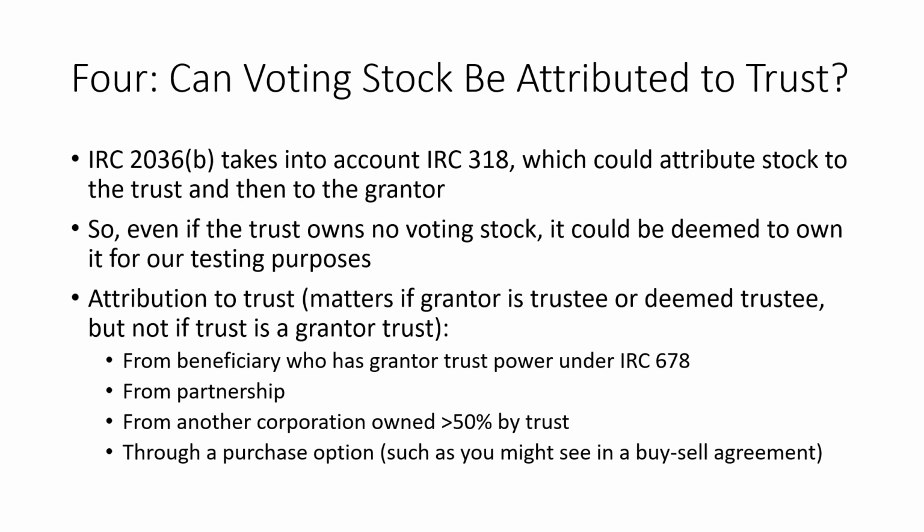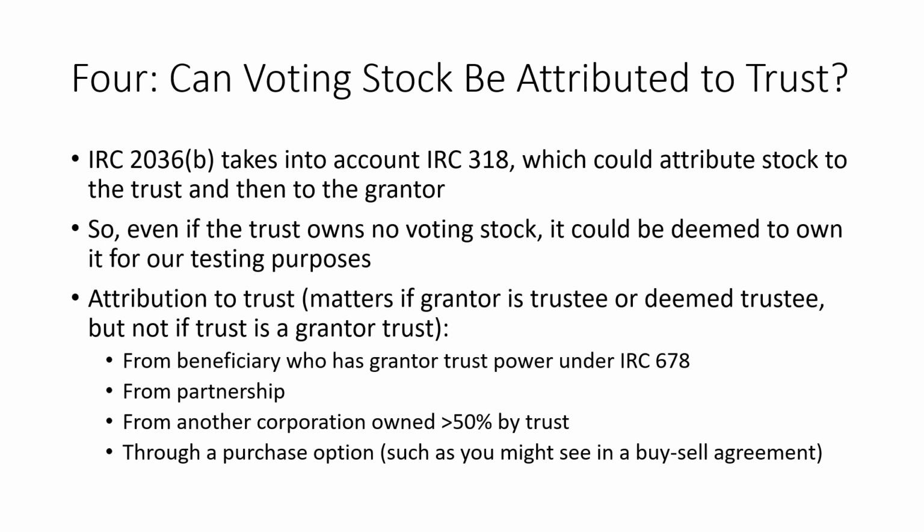Because if the trust doesn't own any voting stock directly, it could be deemed to own it if, for example, you have a beneficiary who has a grantor trust power under Code Section 678, such as a right of withdrawal. If there's a partnership or another corporation owned by the trust, then you can have attribution of voting stock through those entities to the trust.